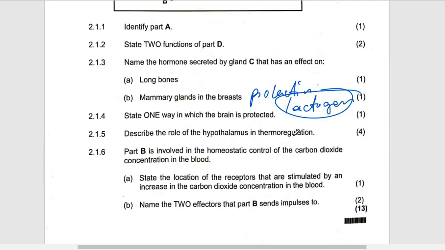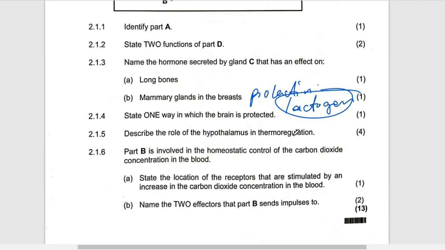Remember, thermoregulation involves the skin and the sweat gland. So now it will also influence the sweat gland, either by the sweat gland producing more sweat or by the sweat gland producing less sweat. So it will influence the blood which flows under the skin, and also how the sweat gland will work.